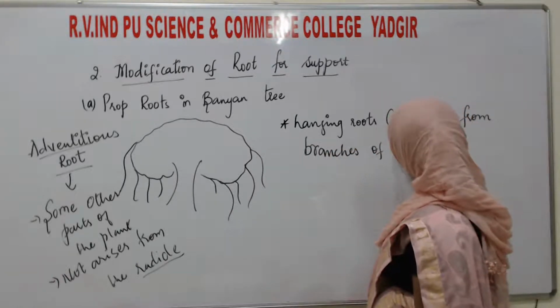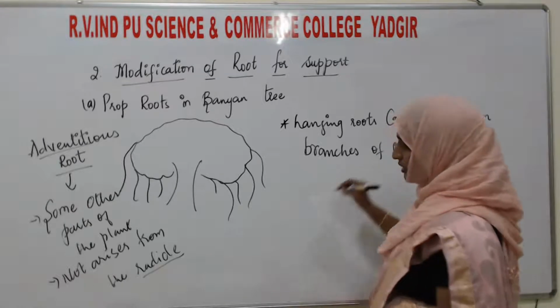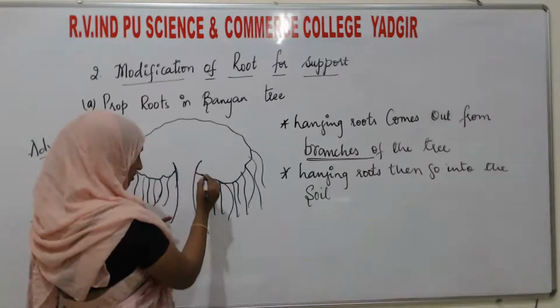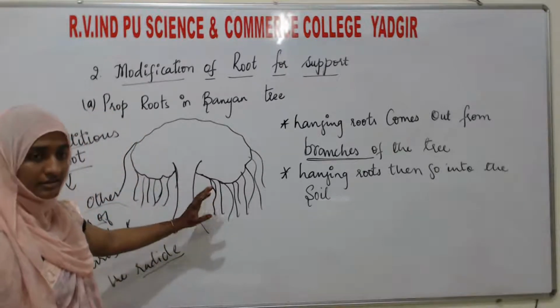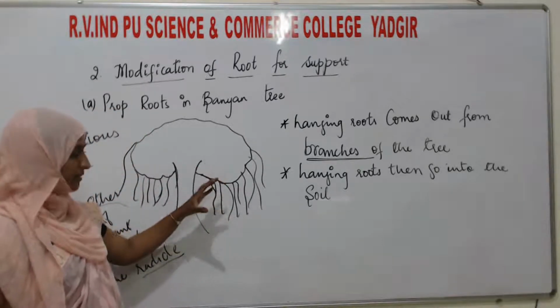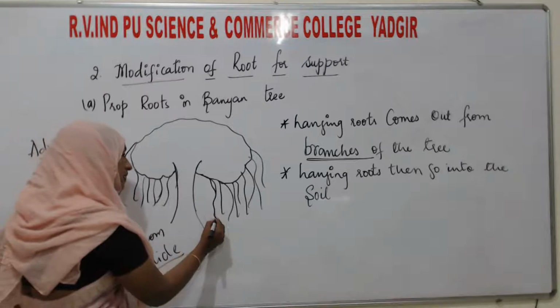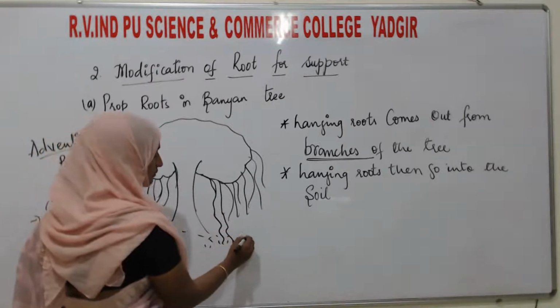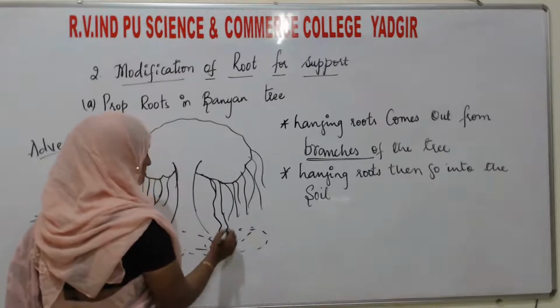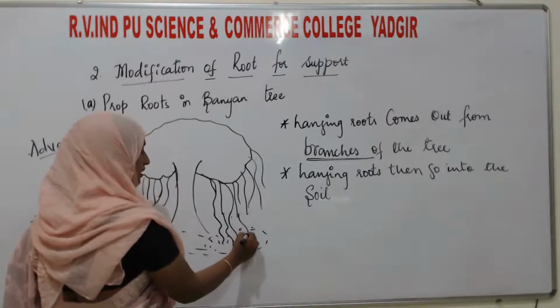Here roots are arising from the branches, but these roots will emerge into the soil. For example, this is the soil. It will emerge into the soil.